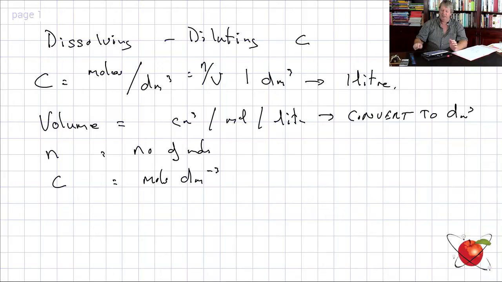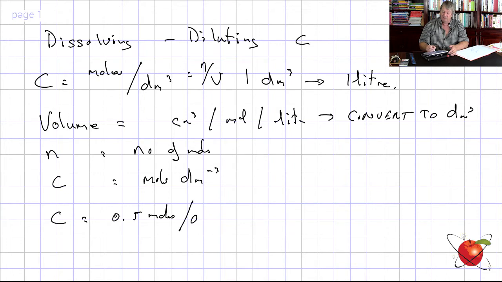So for example, if we're given number of moles and a volume, we can calculate concentration. If we're given a concentration of 0.5 moles per cubic decimeter, then we know that we've got 0.5 of a mole in every cubic decimeter, right?